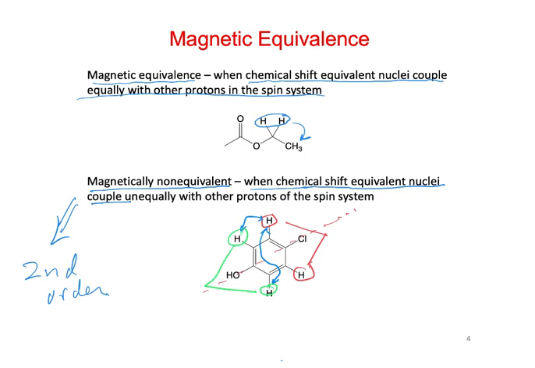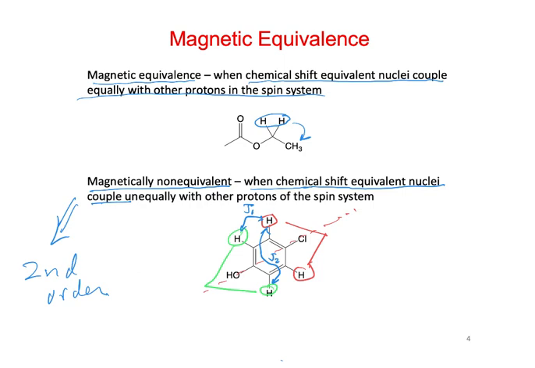So one proton here can couple to two other equivalent protons with a different coupling constant to each of those protons, right? Because this would have one coupling constant here, call this, say, J1, and it would have a different coupling constant to this proton, J2, even though those two protons are chemical shift equivalent. Yeah?